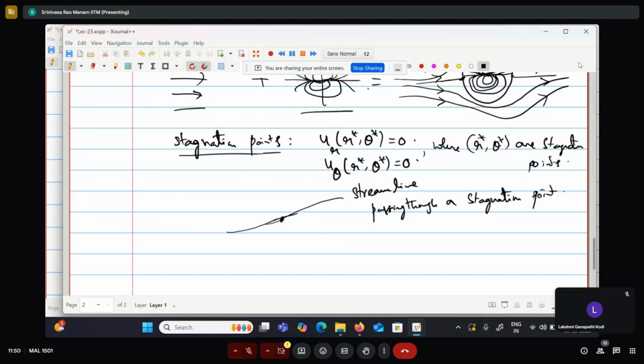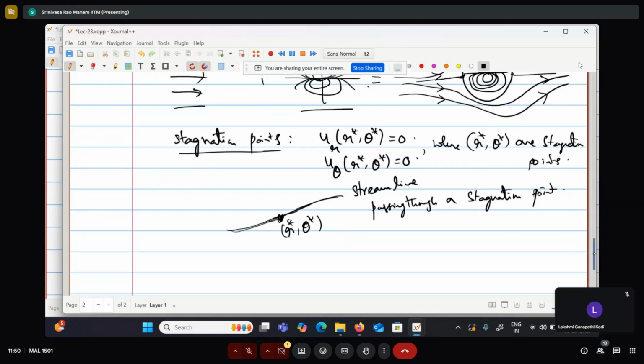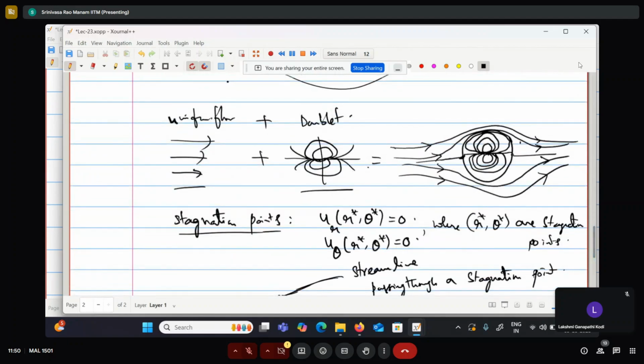This is your stagnation point, R star, theta star. You look at the streamline passing through that one, and that gives you exactly your circle. The circular thing that you are seeing is actually your streamline. We will show this mathematically. And then you see that the inside flow is not affecting the outside flow.